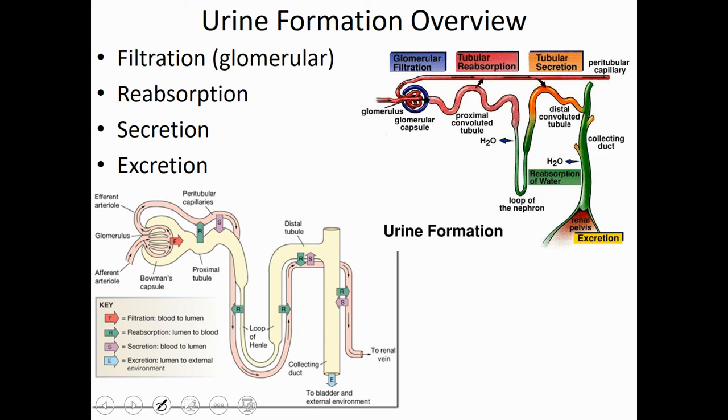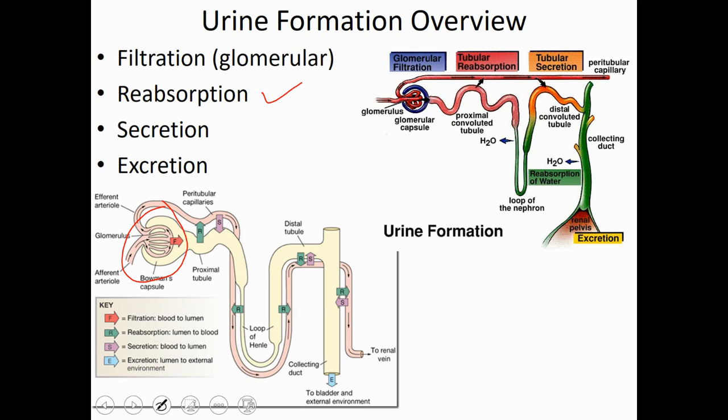So a few definitions just to go through. One is called filtration, which is what we're going to cover today, which happens in the glomerulus. And what happens with filtration is we're pulling almost everything out of the blood and putting it into filtrate. So surprisingly, the way that your kidneys work is we want to pull as much out of the blood to start, and then we're going to do what's called reabsorption.